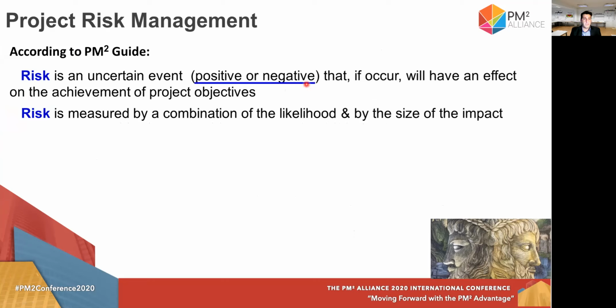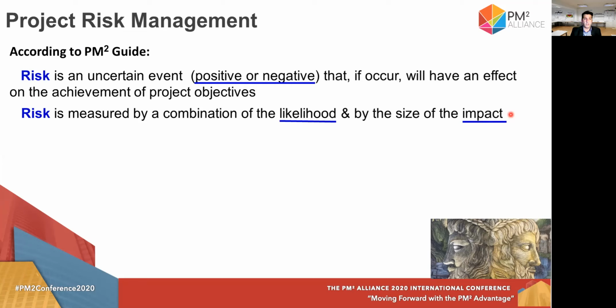Because the common mistake is that when we are referring to risks, we think that it is only threats, but there is another side, which is the opportunities. Also, in the PM2 Guide, it is mentioned that risk is measured by a combination of the likelihood and the size of the impact. So here we can see the two dimensions of risks.